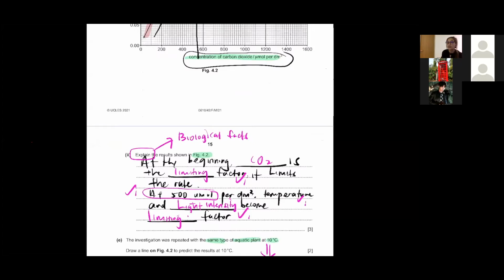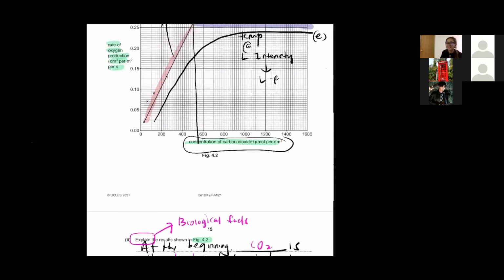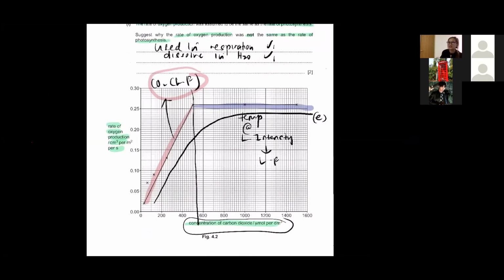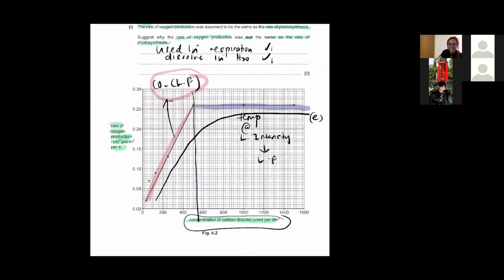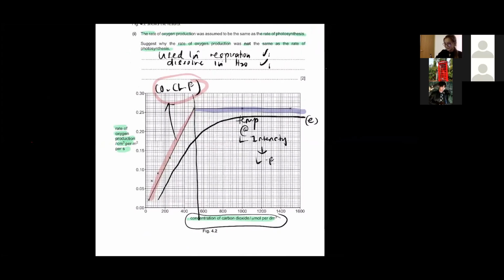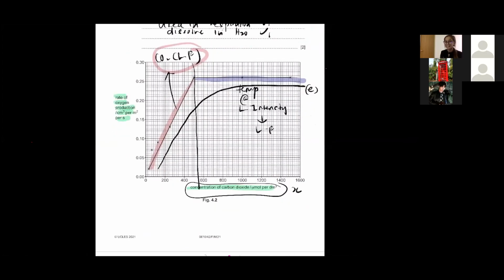Okay, this is the February March paper. Why is CO2 the limiting factor? Okay, I'm waiting for you guys to ask actually. No one asked, then I will just move on. Okay, listen here. When you see this kind of graph, at the beginning your x-axis will always be the limiting factors.